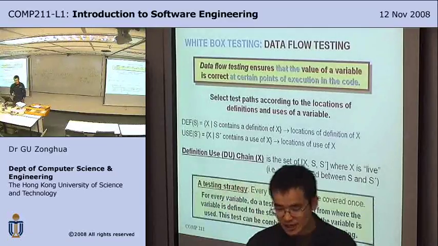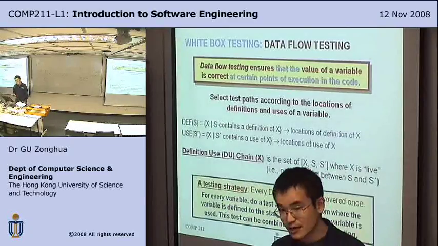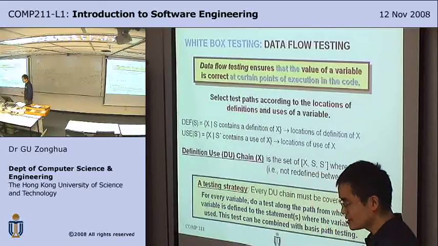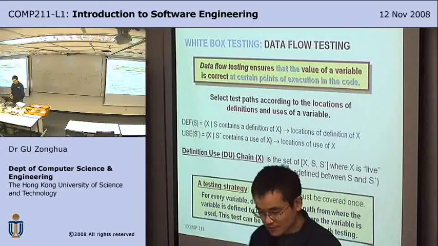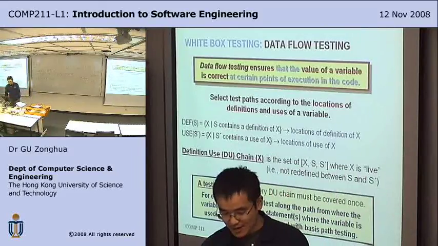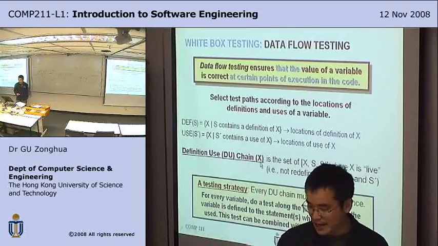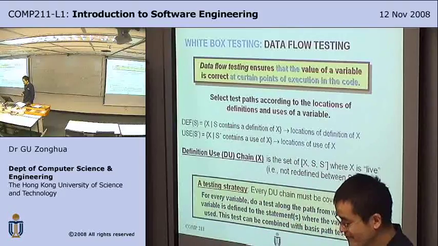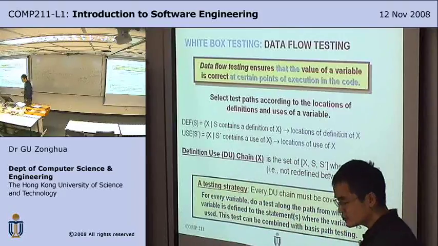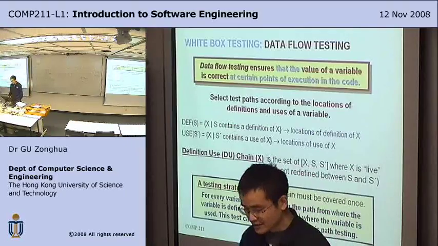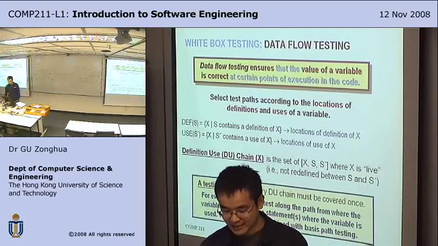So a testing strategy is that every def-use chain should be covered once. For every variable, do a test along the path from where the variable is defined to the statements where the variable is used. The test can be combined with basis path testing.